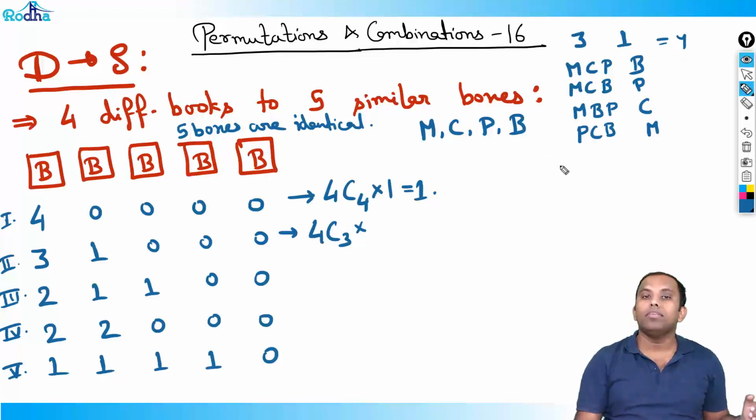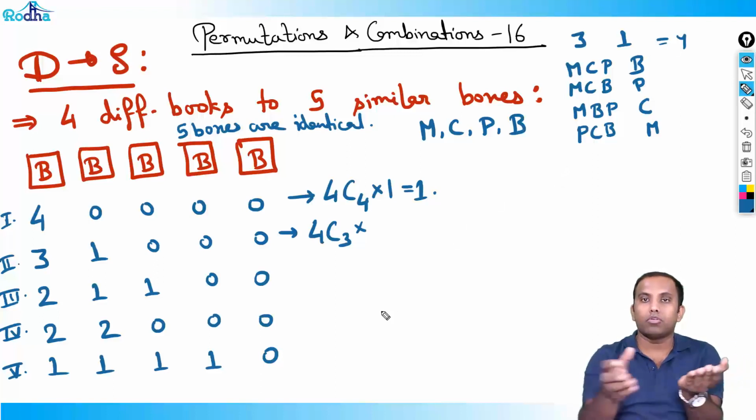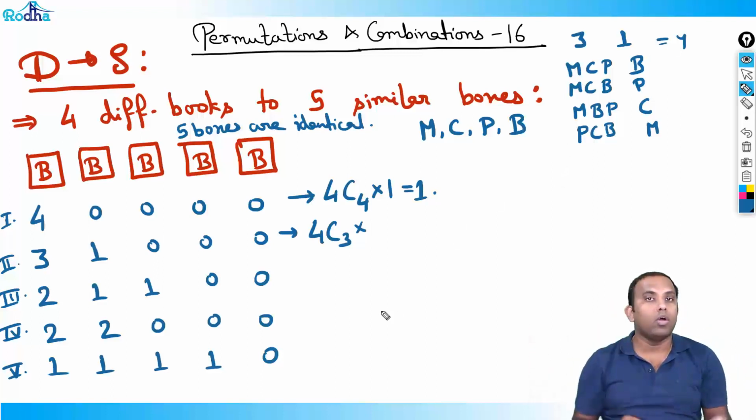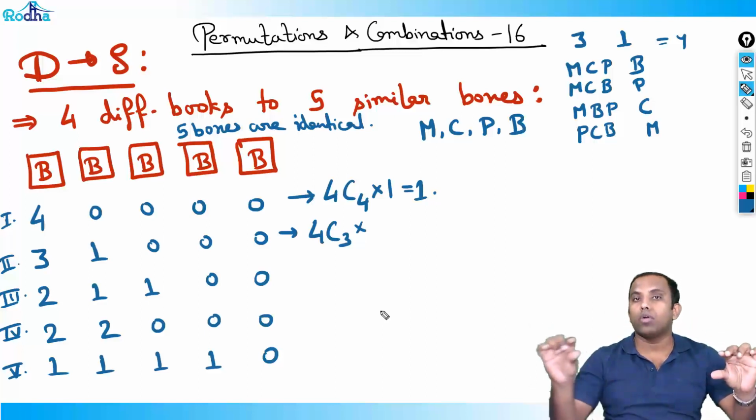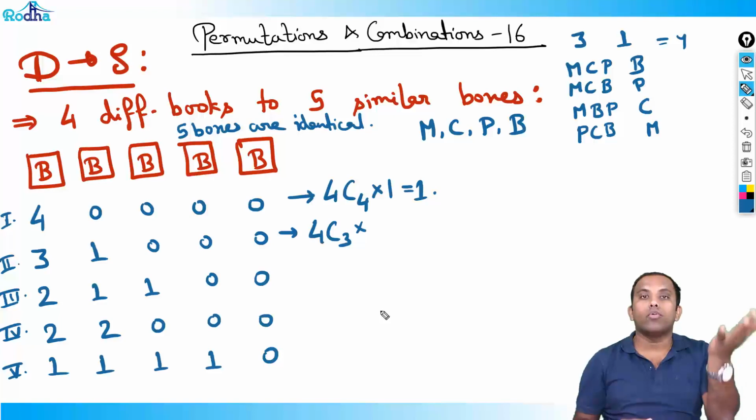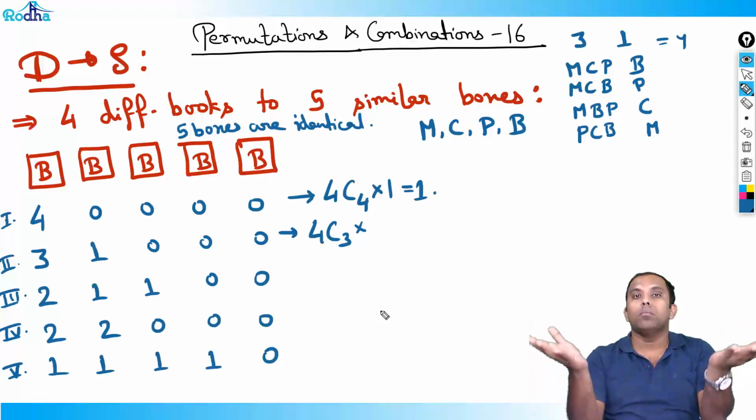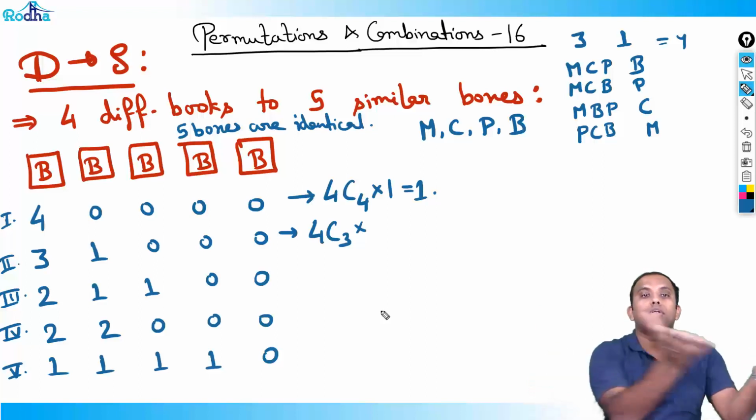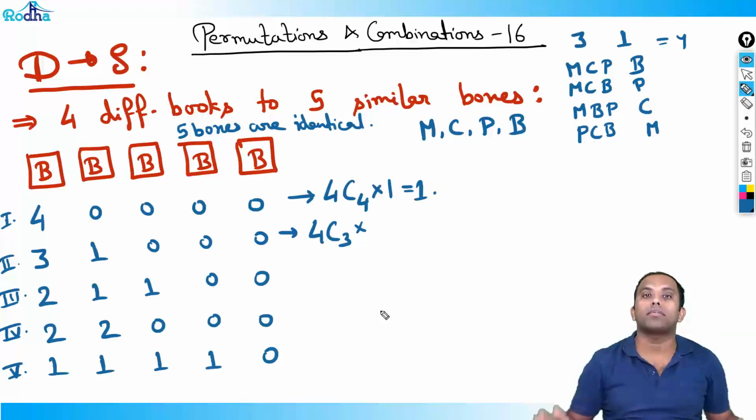Now in one hand you have 3 books which are selected, and in the other hand you have 1 book. So there are 2 groups now, one group of 3 books and one of 1 book. You put both the groups in any of the boxes, it doesn't matter.